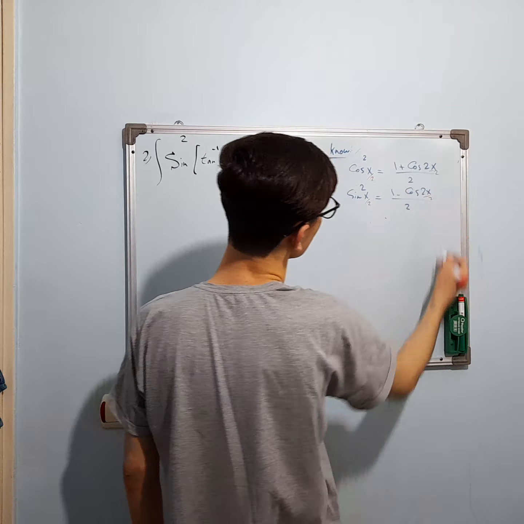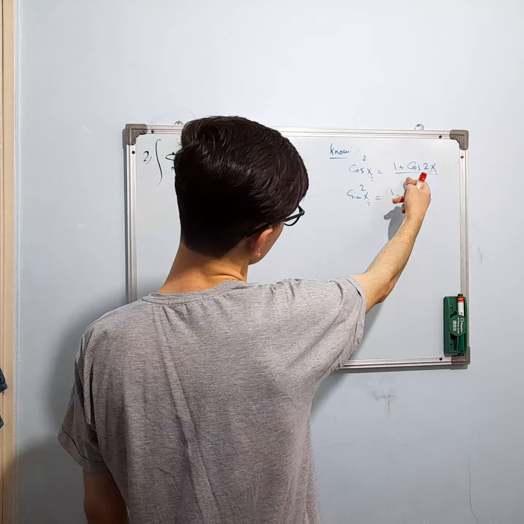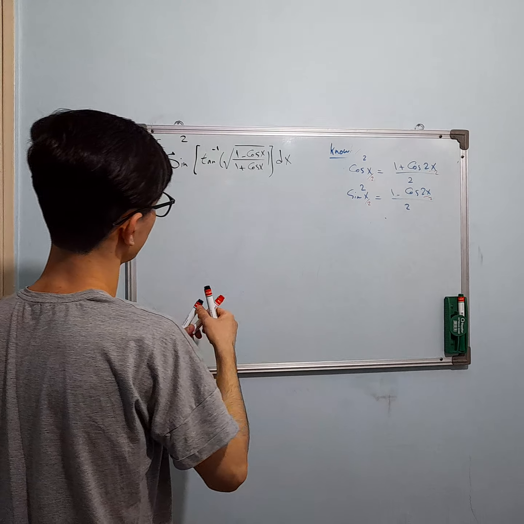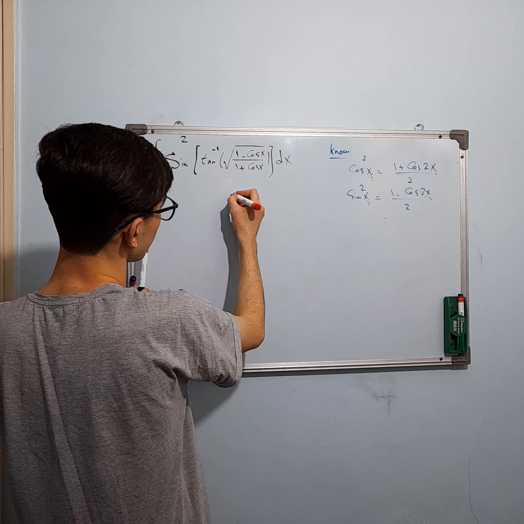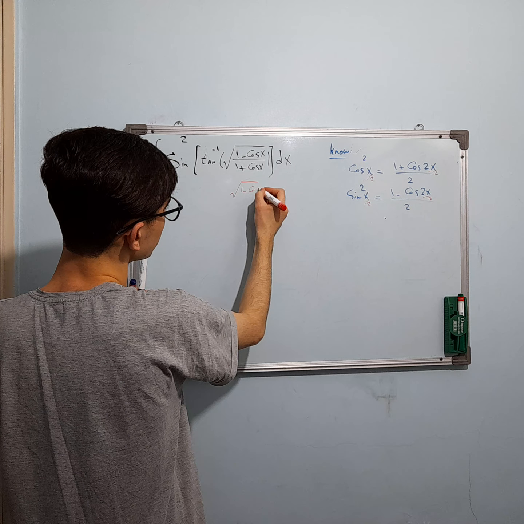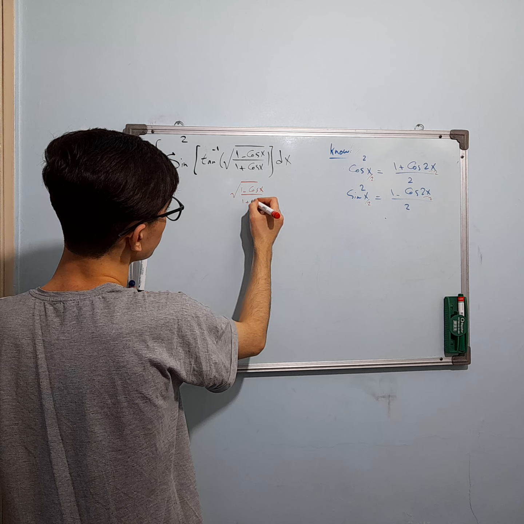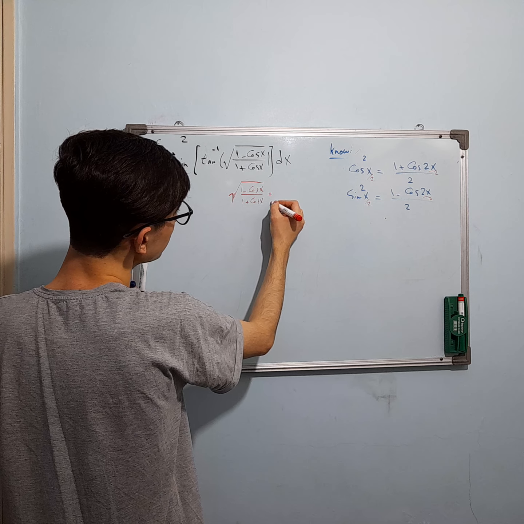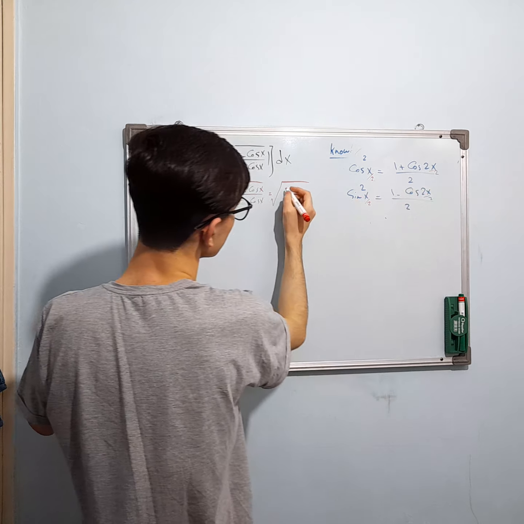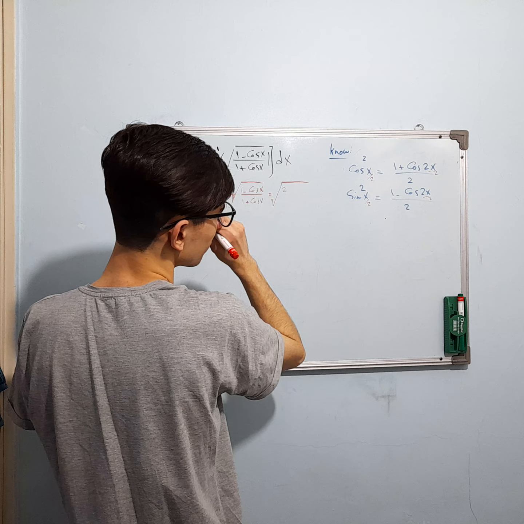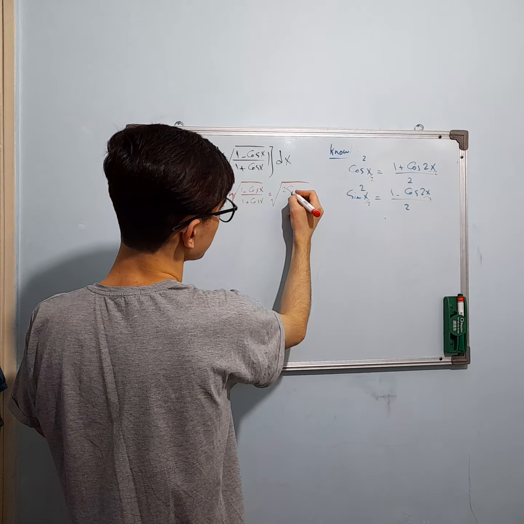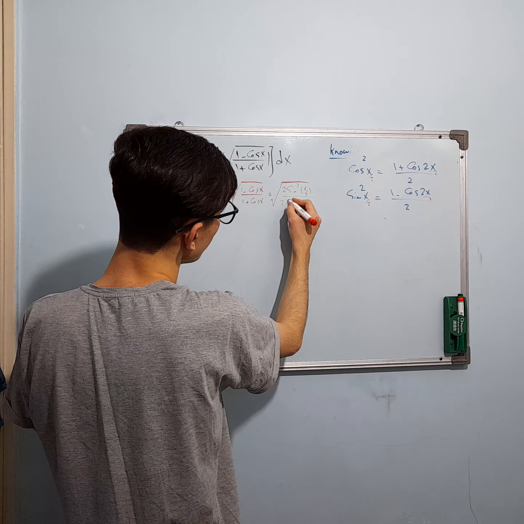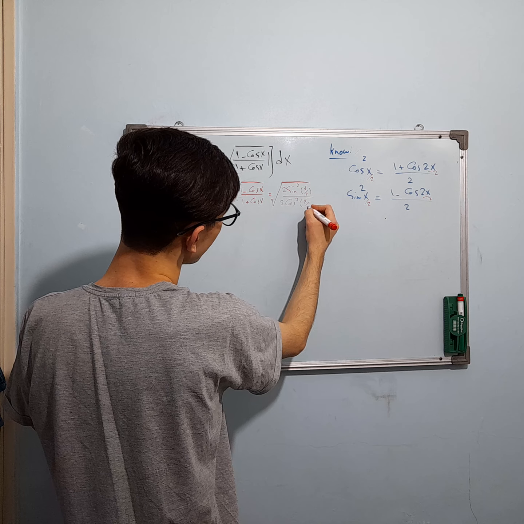So if I bring 2 here, it will be like this: the square root of (1 minus cosine x) over (1 plus cosine x) is the square root of 2 sine squared of x over 2 over 2 cosine squared of x over 2.